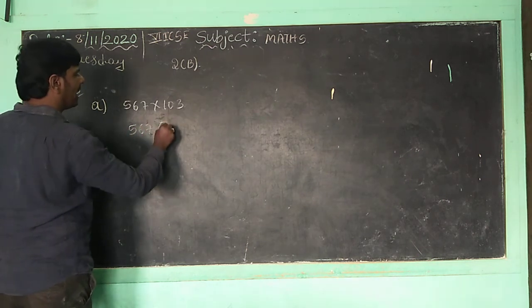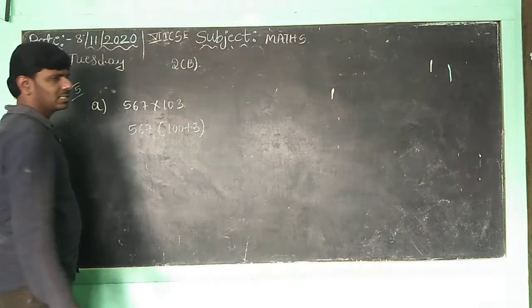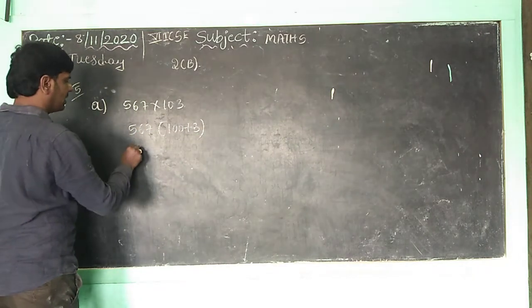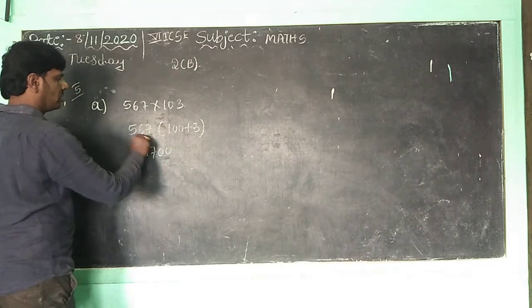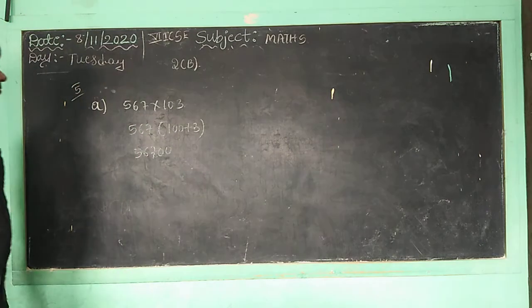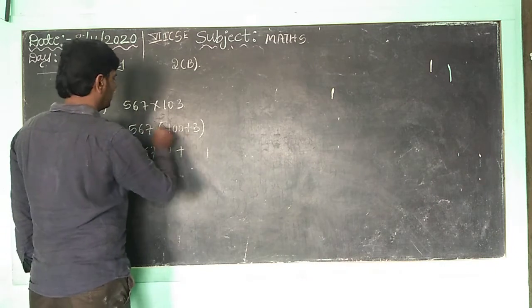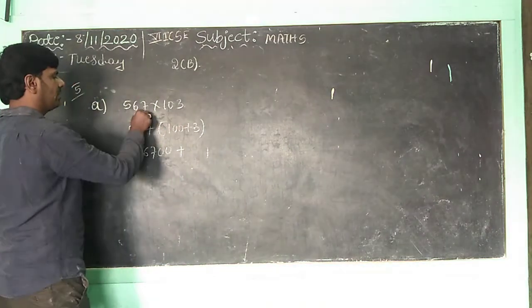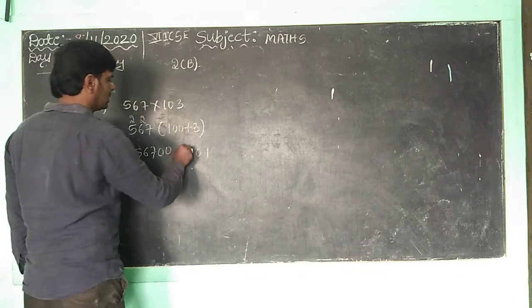You want to split 103 as 100 plus 3. Correct, children? Now we want to multiply 567 into 100, so 56700, plus 567 into 3. 3 7s are 21, carry 2. 3 6s are 18 plus 2 is 20, carry 2. 3 5s are 15 plus 2 is 17. So 1701.